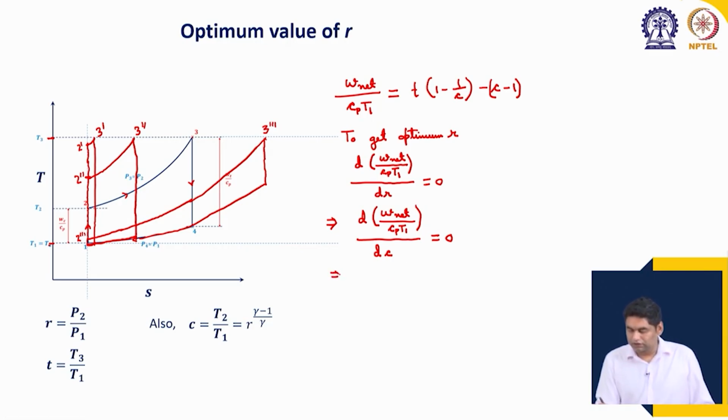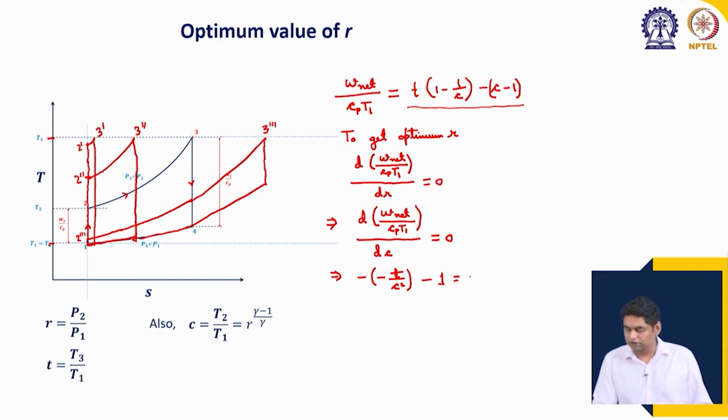Now, using this top expression, we see that the derivative of this with respect to C will give us minus of minus 1 by C square, T is there, and then minus 1.